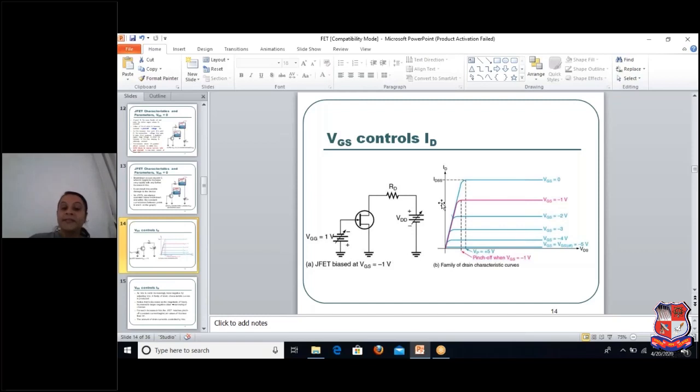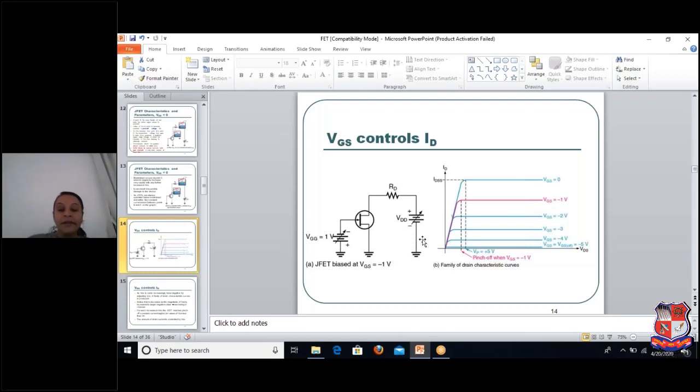Same thing whenever VGS goes further into reverse bias, minus 2 volt: your drain current reduces. Same for minus 3 volt and minus 4 volt.